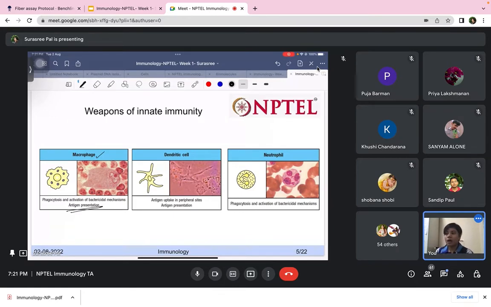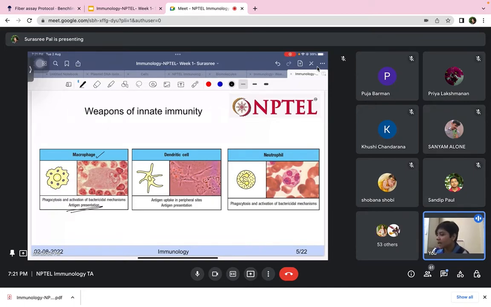So if our innate immune system cannot handle whatever is going on when a pathogen is infecting our body, then of course it will allow the adaptive arm to become activated, and then finally eliminate the pathogen from our system.